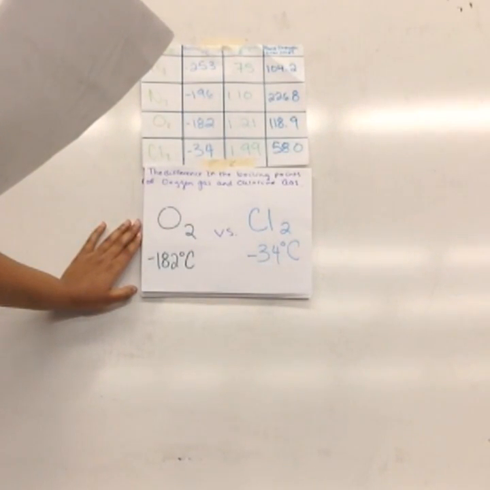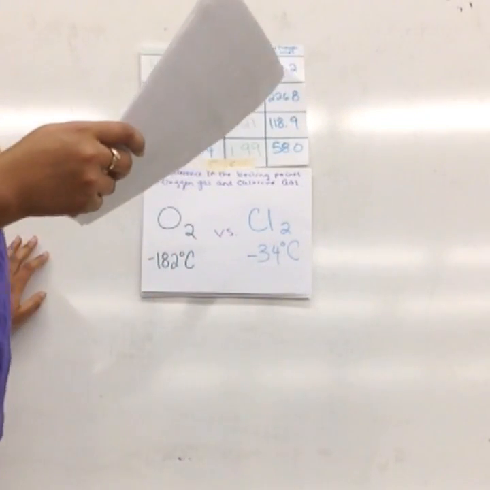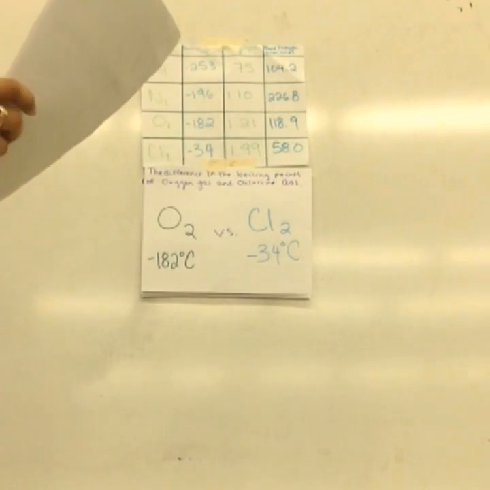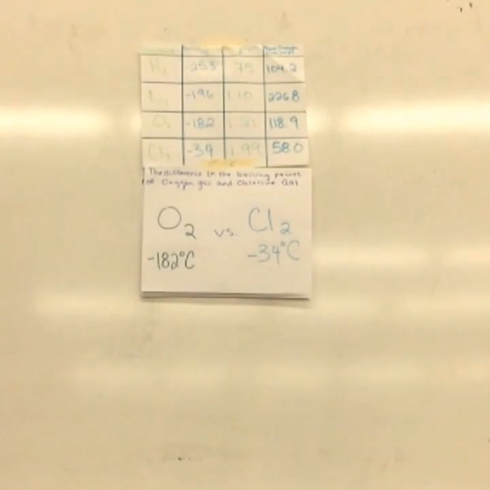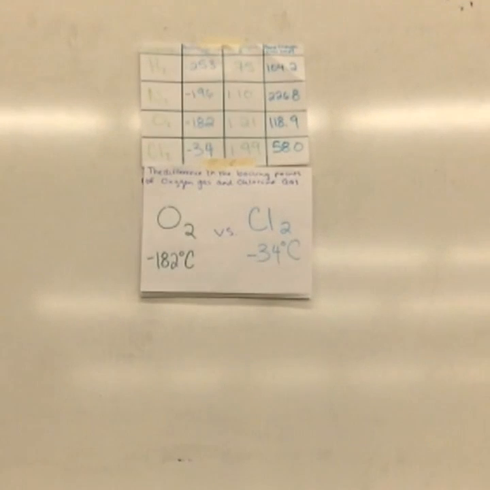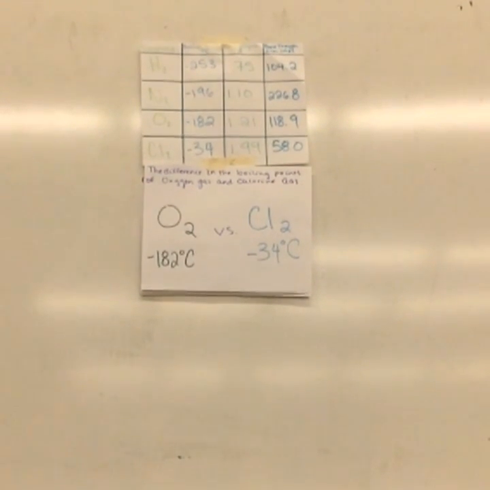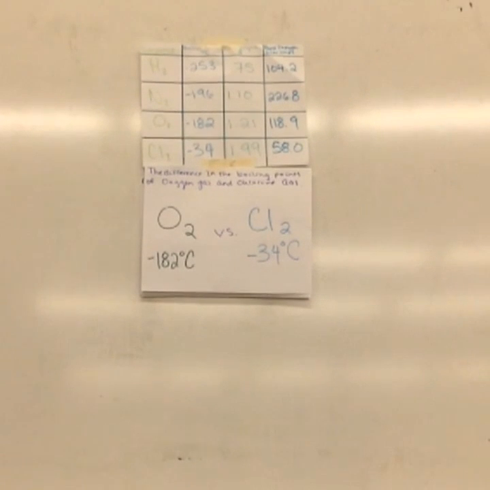And it has to do with the amount of kinetic energy it takes to boil off either one, and then also the amount of bond strength. So chlorine's going to be a little bit harder to get those particles moving a lot faster than it would for O2, so it takes a lot more energy. And it also has to do with the London dispersion forces, so that also has a lot to do with it.